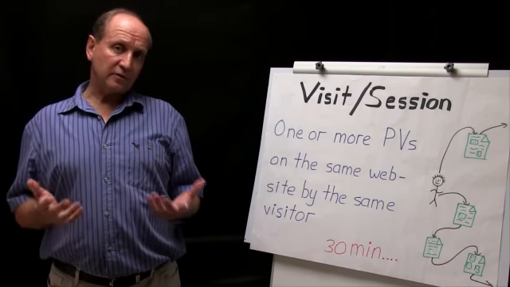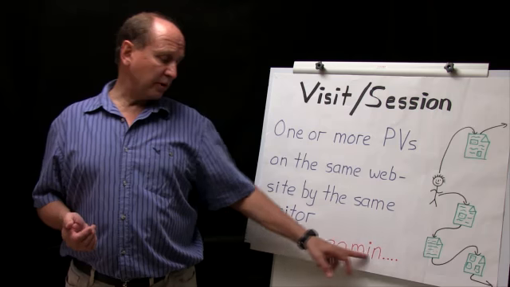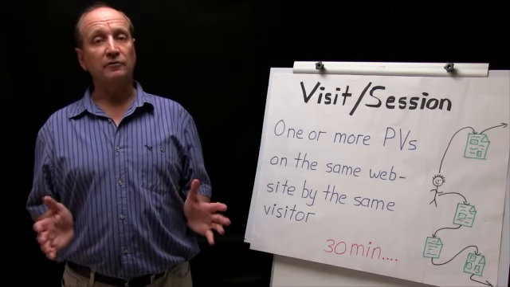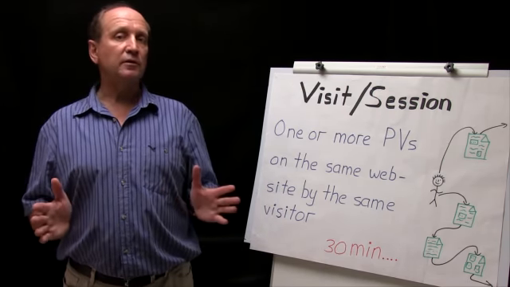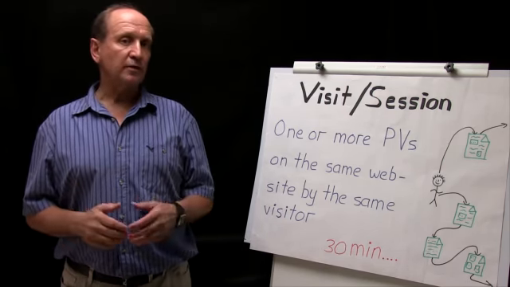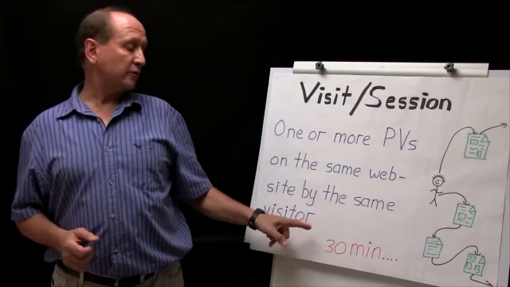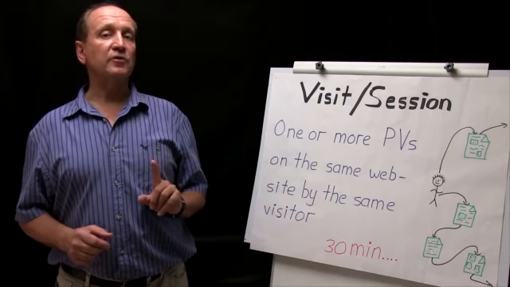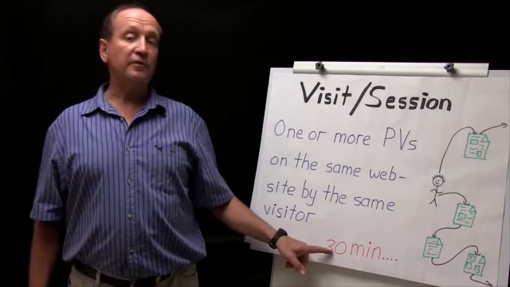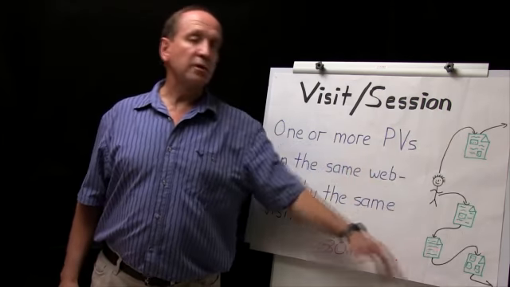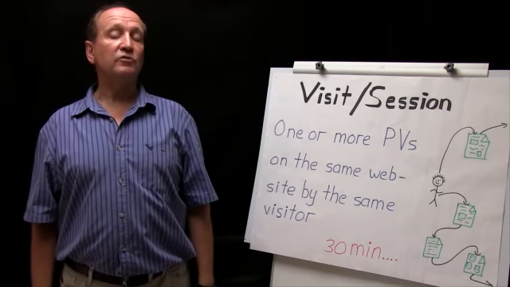The answer is yes, the time is variable, and in some cases people regard 30 minutes as a time between splitting visits, and in many programs this time is adjustable. In other words, if this visit and that one happens within 30 minutes, it's counted as a single visit or a single session. If it's further apart than 30 minutes, then this one and that one will count as separate visits or sessions.